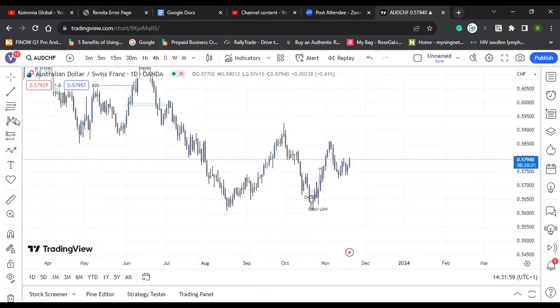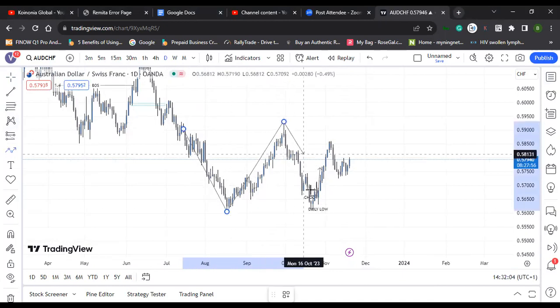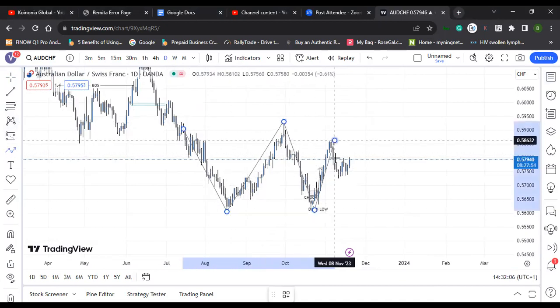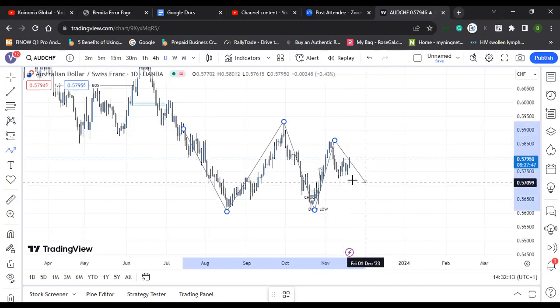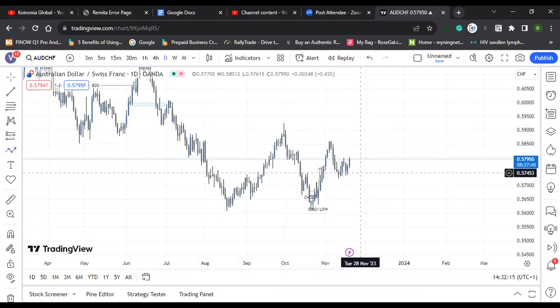Because if you look at this guy, it is actually giving us this. Nobody should say it's an inverse head and shoulder. This is not a valid head and shoulder for me.